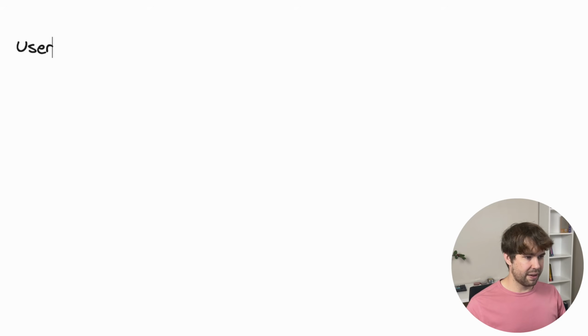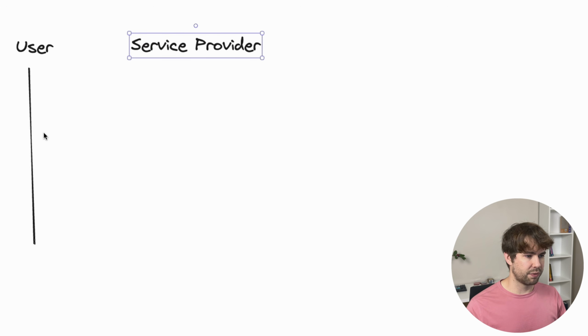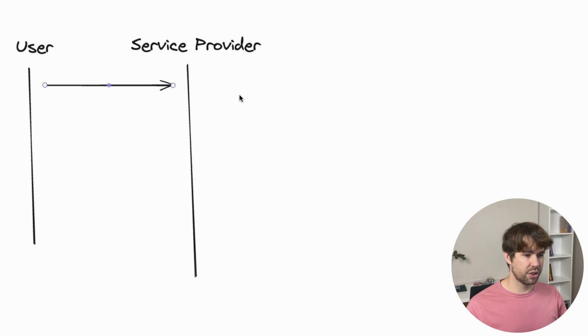The first thing we have is a user, and the user is going to show up and they're going to want to use your application. And your application in the context of OAuth is known as the service provider, or SP for short. And so the user is going to want to access the service provider.